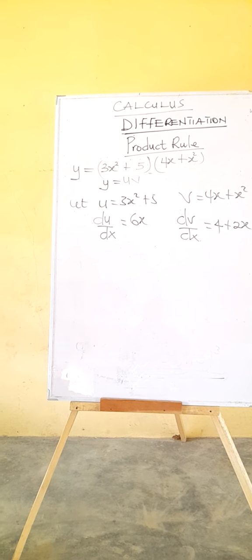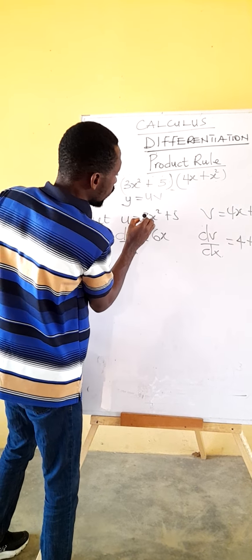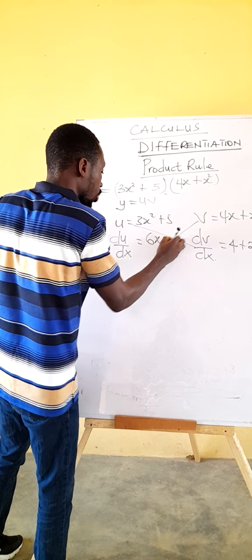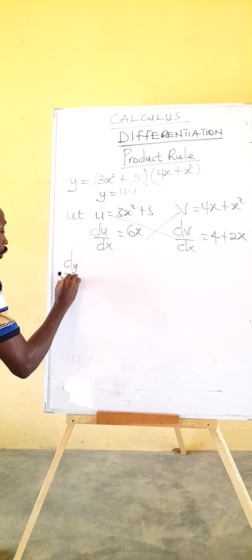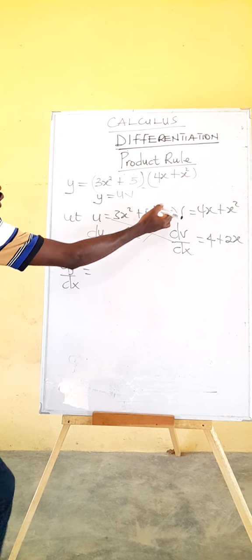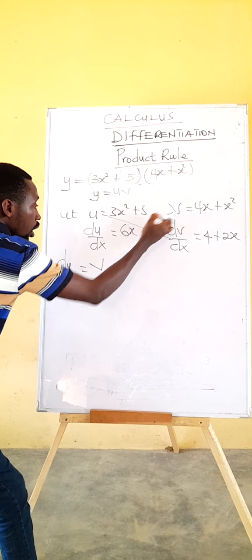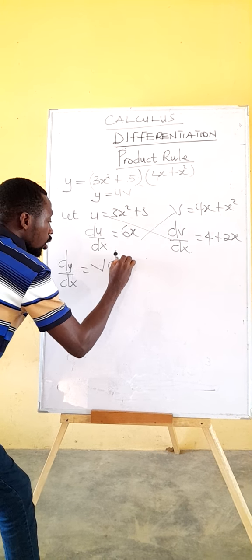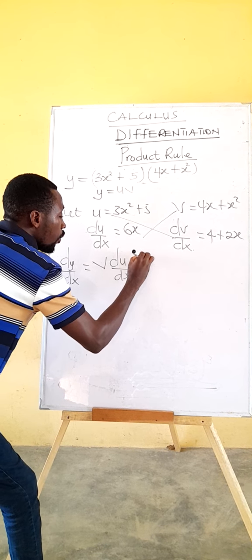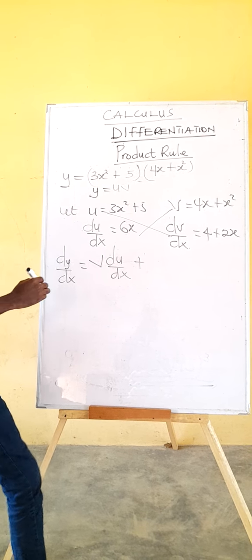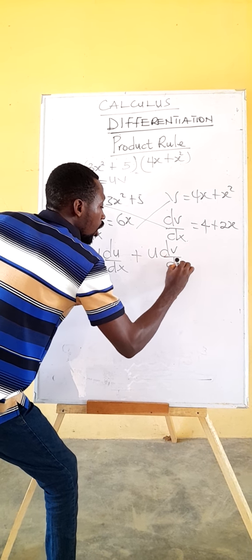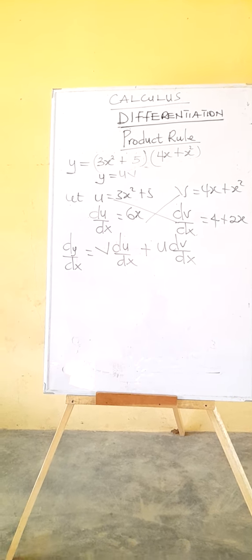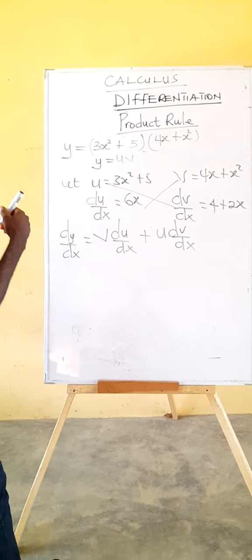Now the product rule is saying this multiplied by this plus this multiplied by that. Thus dy over dx will be equal to v times du over dx plus u times dv over dx. So what's our v in this case?